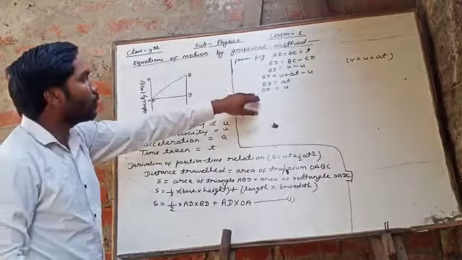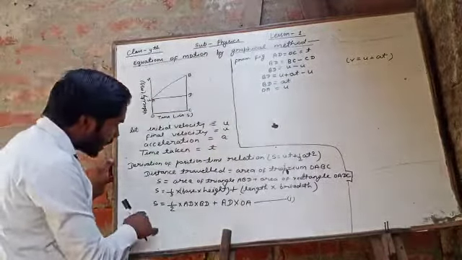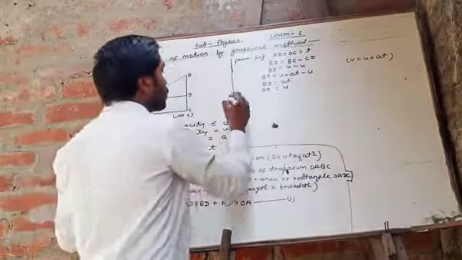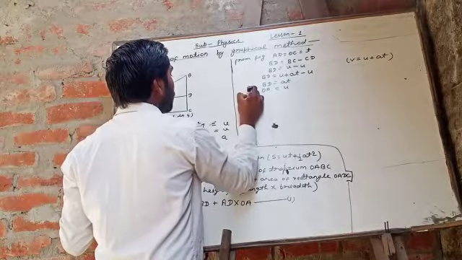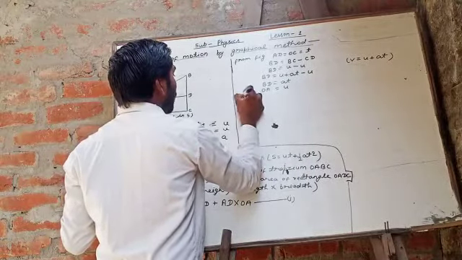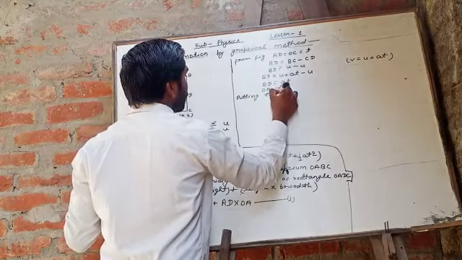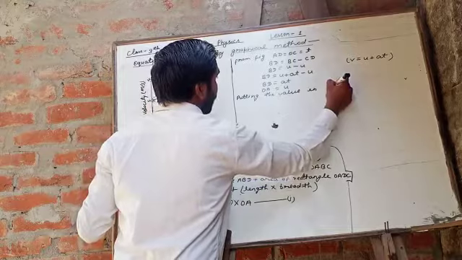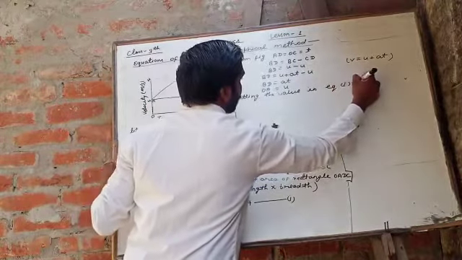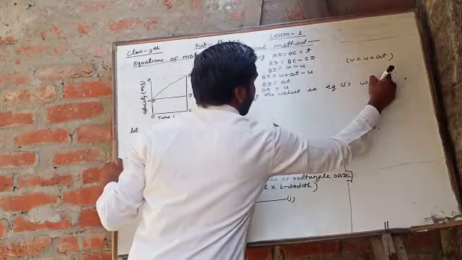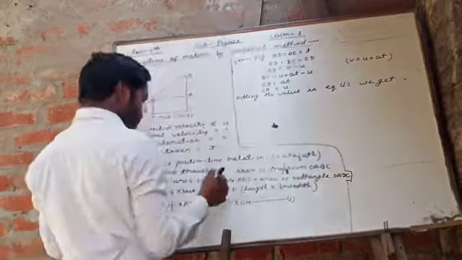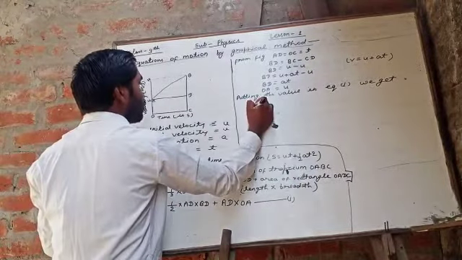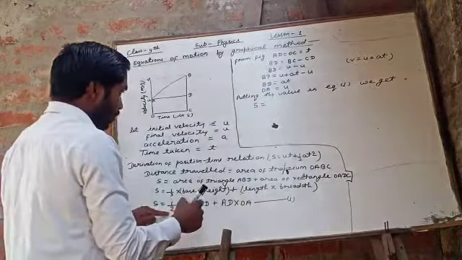Now we will put all these values in equation number 1. Putting the values in equation 1, we get S is equal to 1 by 2.